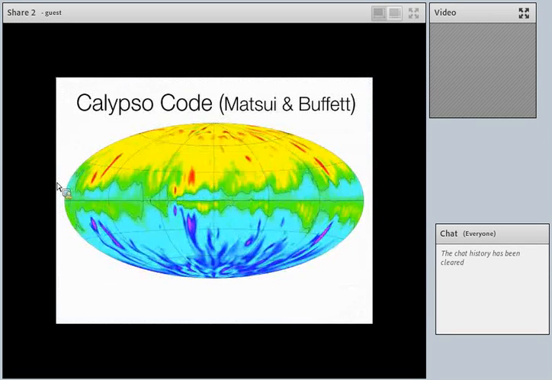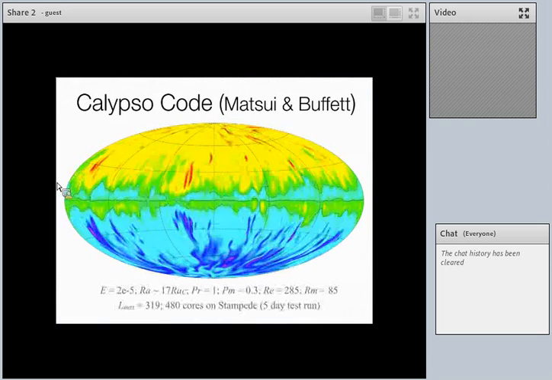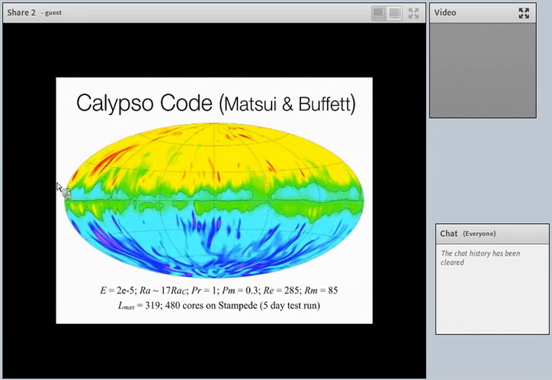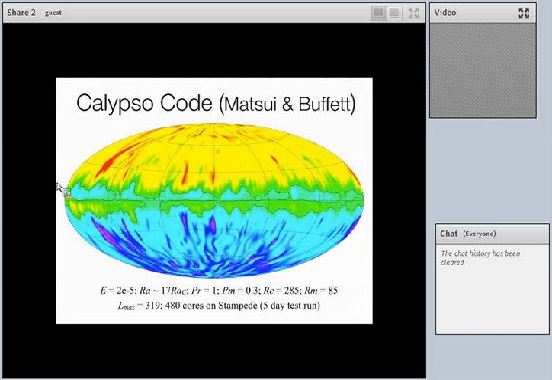Here's a test run Hiro did, showing a dynamo model with an Ekman number of about 2 × 10⁻⁵. And this goes up to about 300 spherical harmonics for resolution. And this was solved using 480 cores on Stampede in a 5-day test run, just to see how it works.